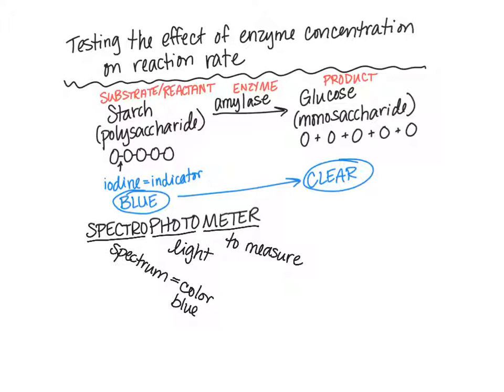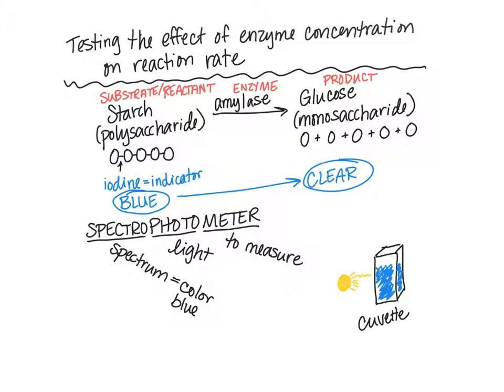All right, so the way that this spectrophotometer works is that we're going to put our sample in something called a cuvette. And a cuvette is a rectangular container like this. And so we're going to fill up our cuvette with our blue starch and iodine solution. And we're going to be mixing in the amylase as well. And inside the spectrophotometer, there is a light that's shining through this sample.